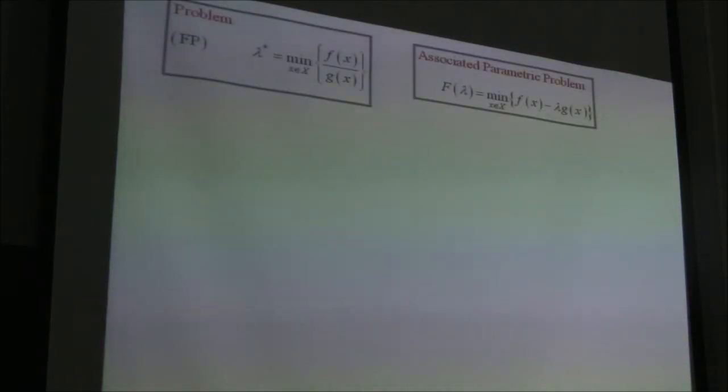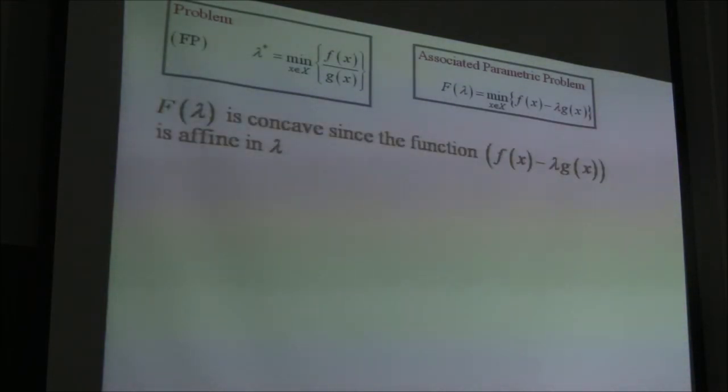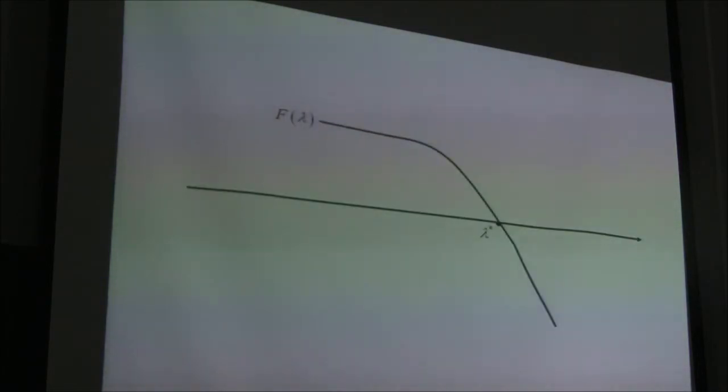So we have these two problems, and then we can show quite easily that the function f of lambda is concave, because the function here is defined in lambda. Secondly, we can show that the function is non-increasing. So it appears like that.